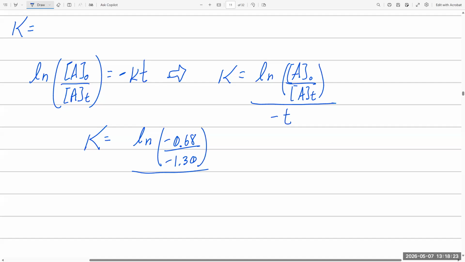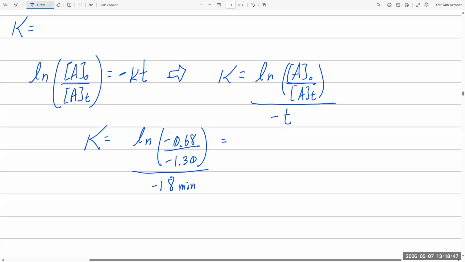And all divided by what was our time? Time one was 18 minutes. Okay. So plugging this into a calculator, natural log of negative 0.68 divided by negative 1.3, right? And then you divide that by negative 18, you get a positive value.